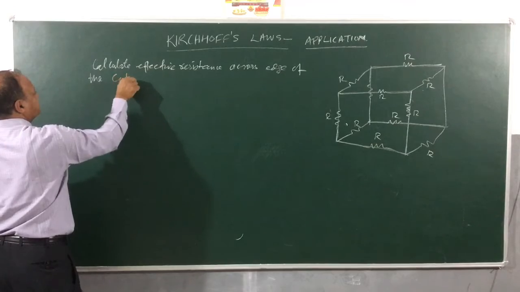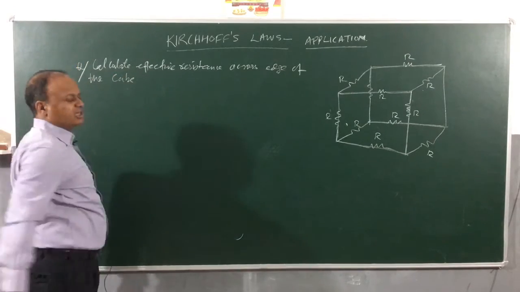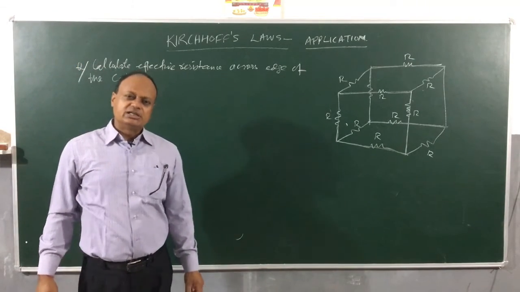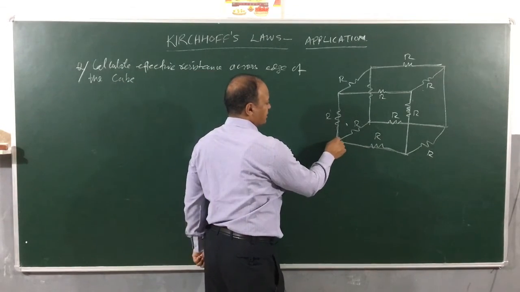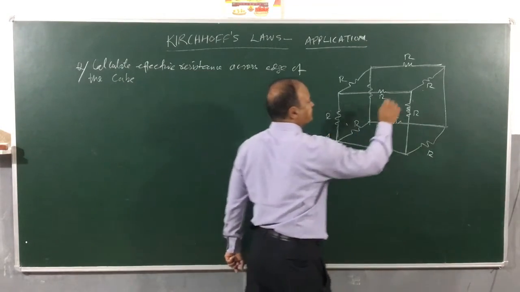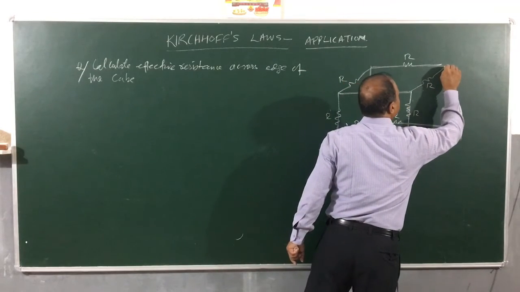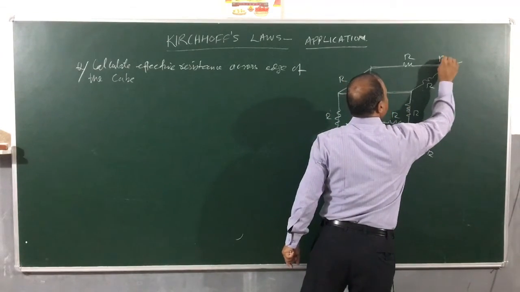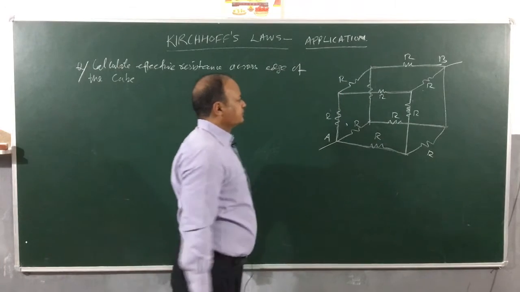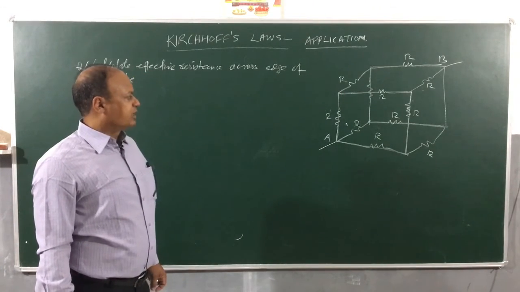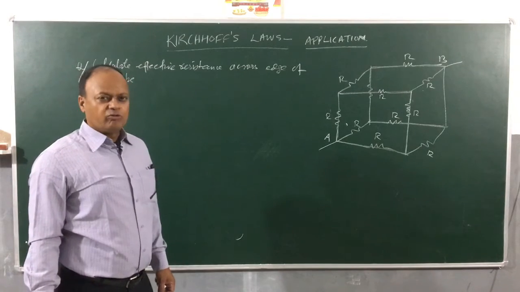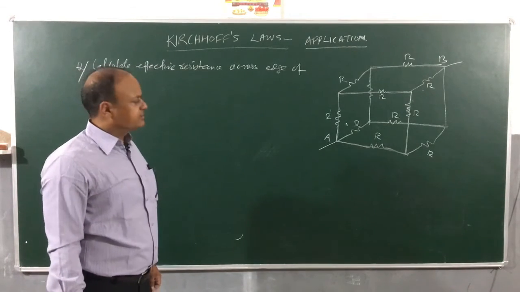Now this is a beautiful problem. Easy though, you can easily solve. It's not difficult at all. Suppose I choose this edge AB, and I want to calculate what will be the effective resistance.